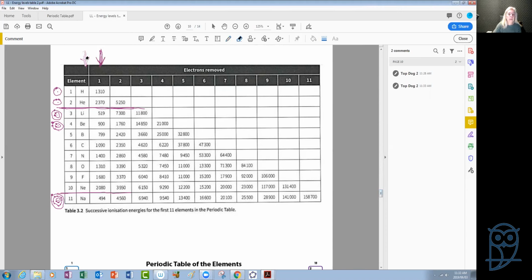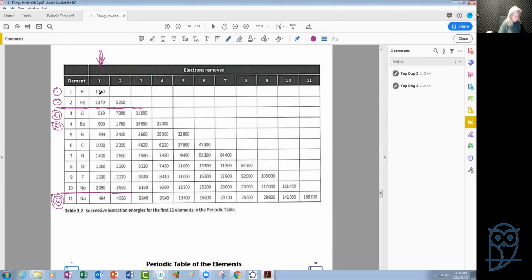The first ionization energies, which means the energy required to remove the first electron from each of these elements, of the atoms of these elements. So we see from hydrogen, we need 1,310 joules of energy.